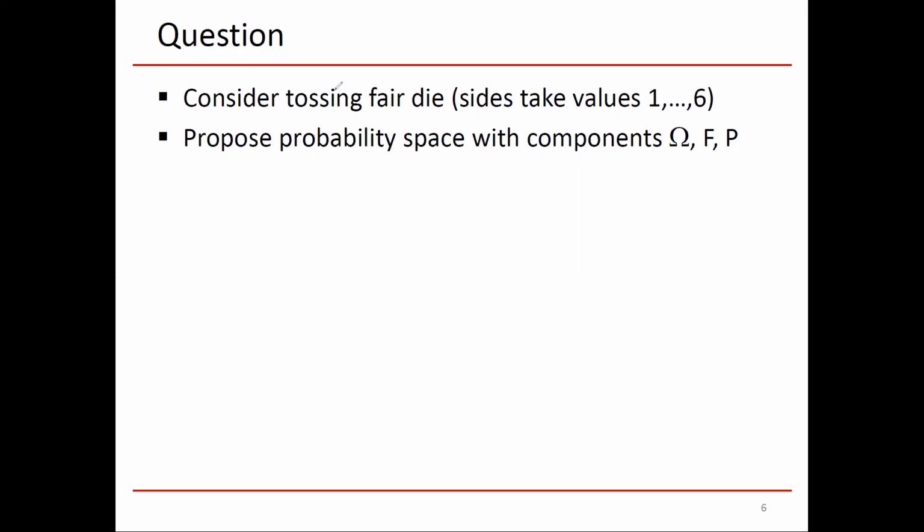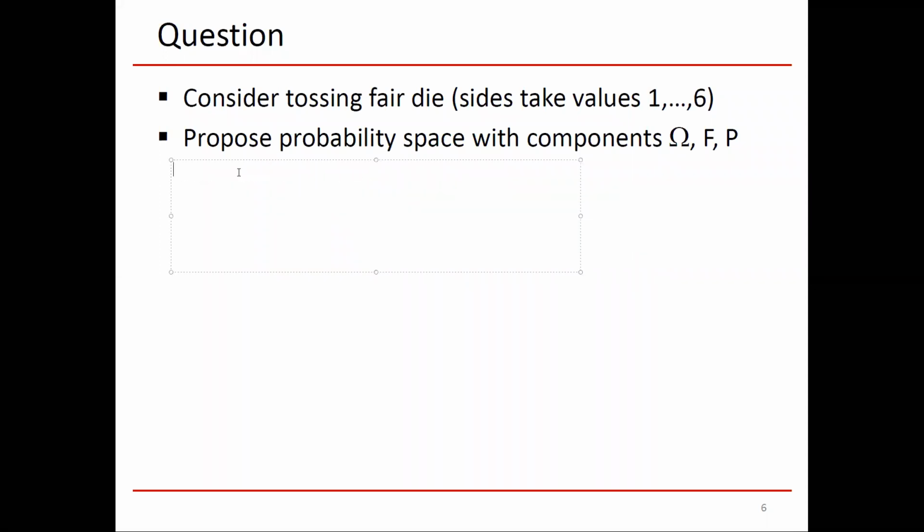All right, so I'm back, and I'll type through this. So recall that we said earlier that omega, it makes sense that it would be the 6 possible values 1 through 6.